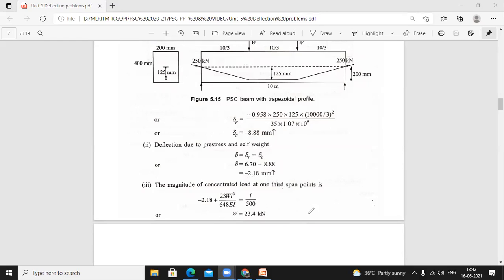For that we need all the deflections: deflection due to self-weight, deflection due to prestress, and deflection due to external load, that means live load. The summation of all these three is equal to span by 500. So W is equal to 23.4 kilonewton.